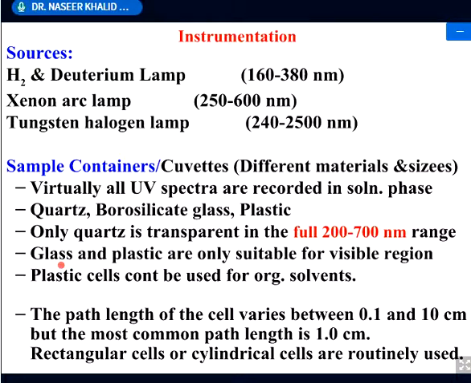Simple glass is transparent, but it is absorbing, especially in the UV region. It is usable in the visible region when we are using a colored solution.